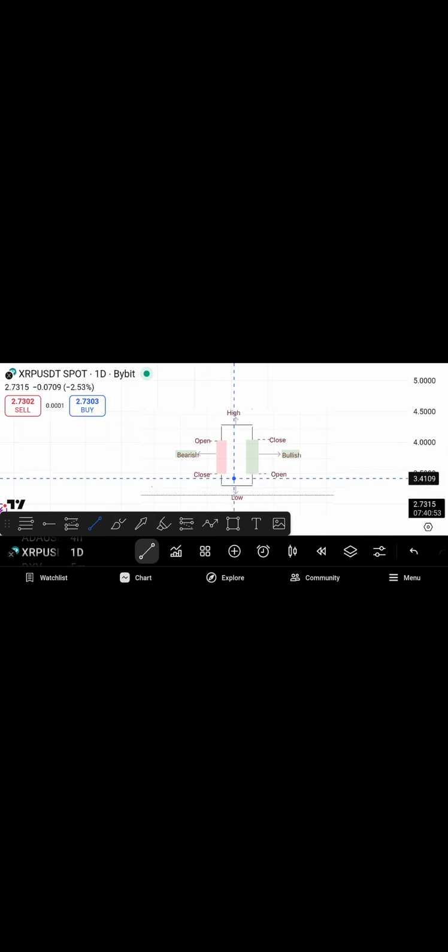It opens from up and closes at down. That is bearish, the red one, which you might see on my chart as the black one. So what creates the wick on bearish is the variations of buyers.